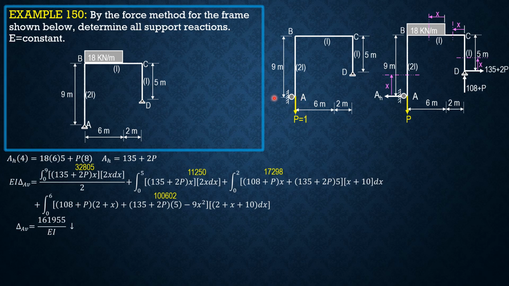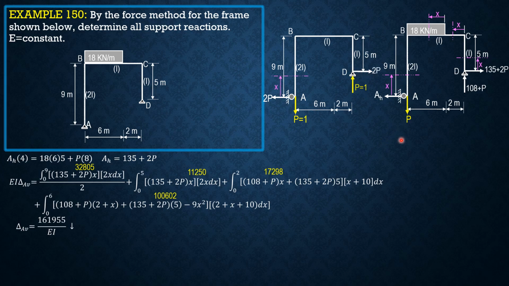If we solve for this horizontal reaction, times 4 equals P times 8, so 8 over 4, so this is 2P. So summation forces horizontal, that is also 2P. And summation forces vertical, that should also be P equals 1. And horizontal reaction at D would be 2P rightward.